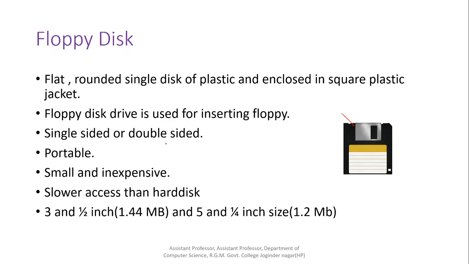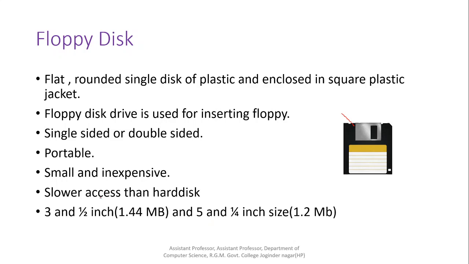They are very small and very cheap, and they are slower than a hard disk, that is, they have very slow access to data. Floppy disks come in two basic sizes: one is 3.5 inch and the other is 5 and 1/4 inch.